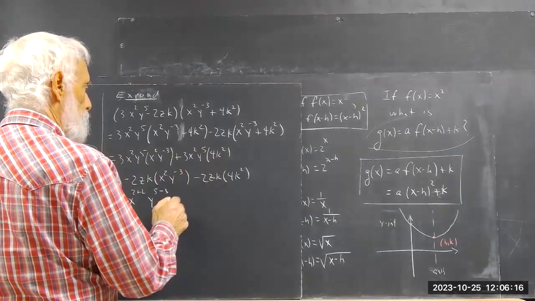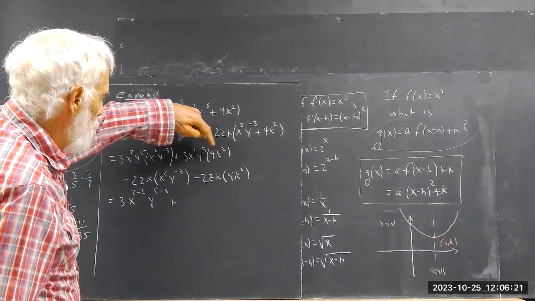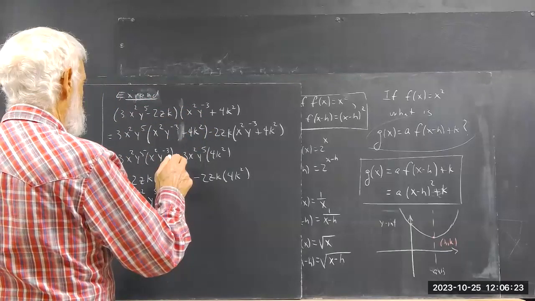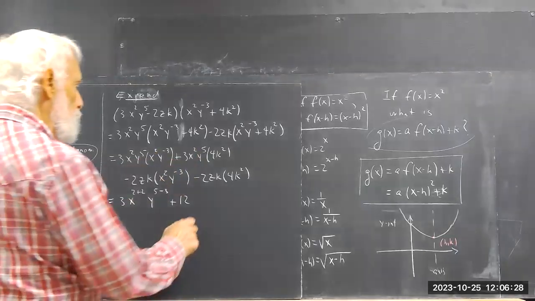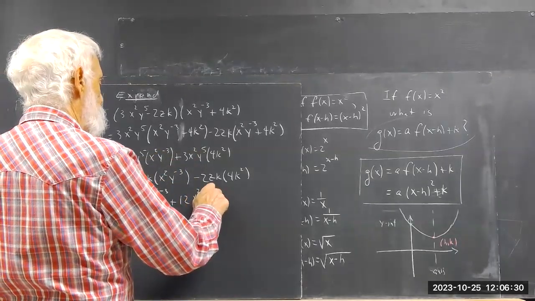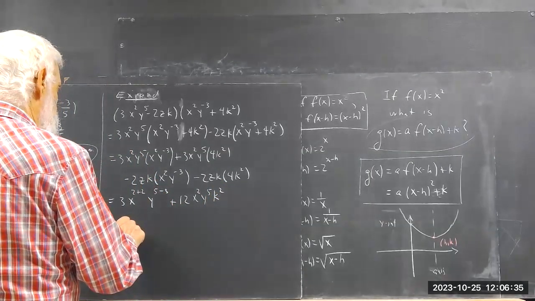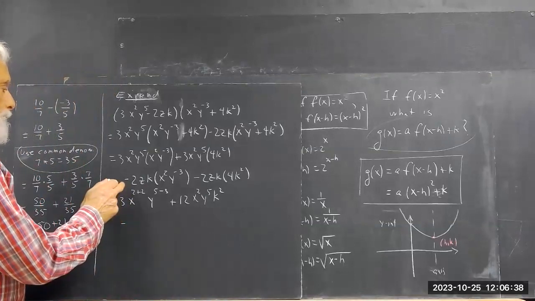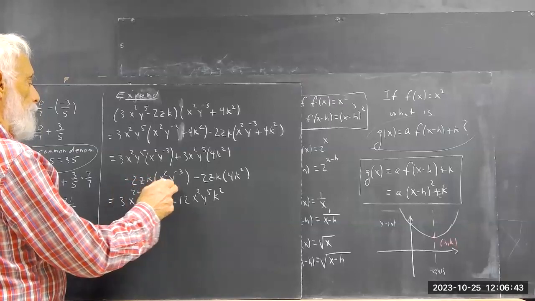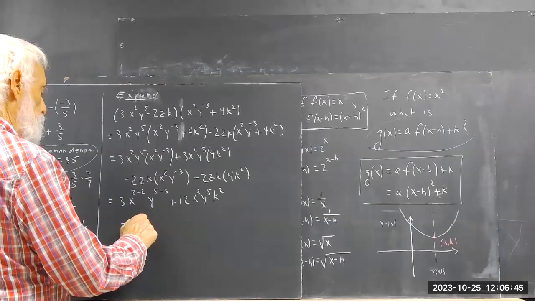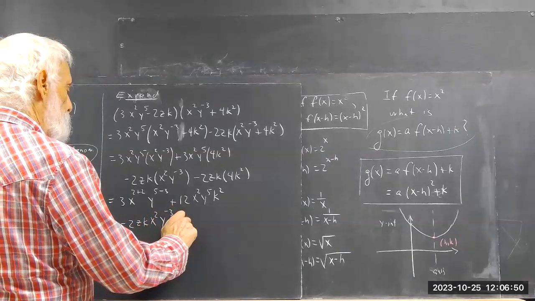Okay, well, applying the same rules, we don't have any like terms here. There are no x's or y's over here, so we can just write this out. 3 times 4 is 12. And then we have x squared y to the fifth k squared. Then that's minus 2zk times all this. Again, there are no z's or k's over here, so we're just going to have negative 2zk x squared y to the negative third.